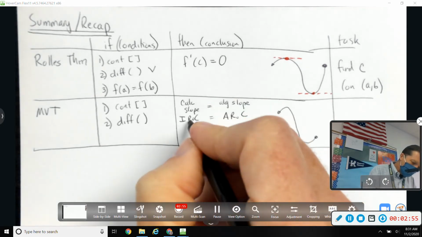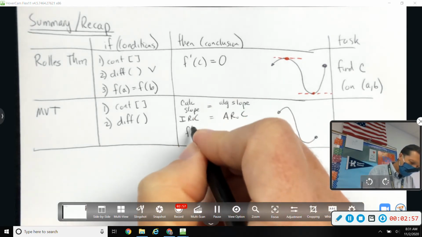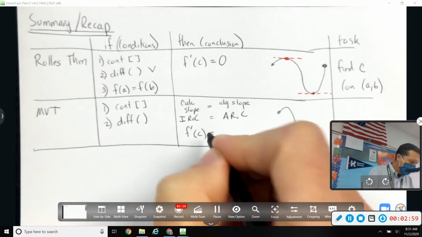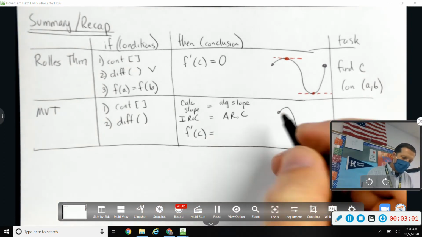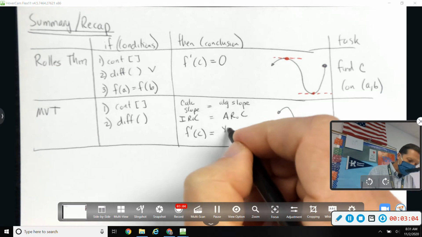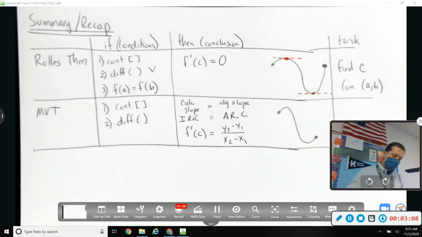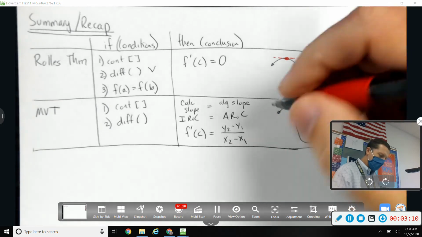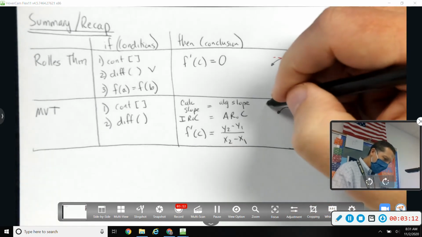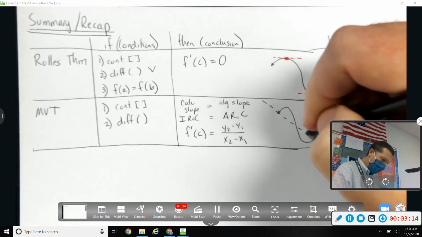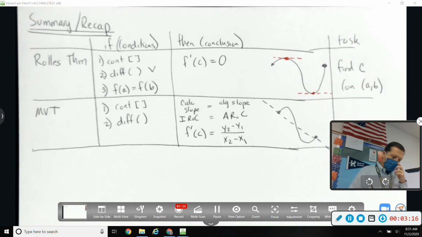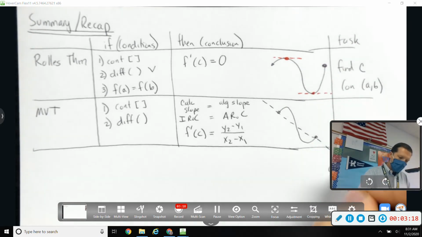The instant rate of change, or the calculus rate of change, would be f prime at c. The algebra rate of change, well, the easiest way to write it would just be y2 minus y1 over x2 minus x1. Right, there's the algebra slope.